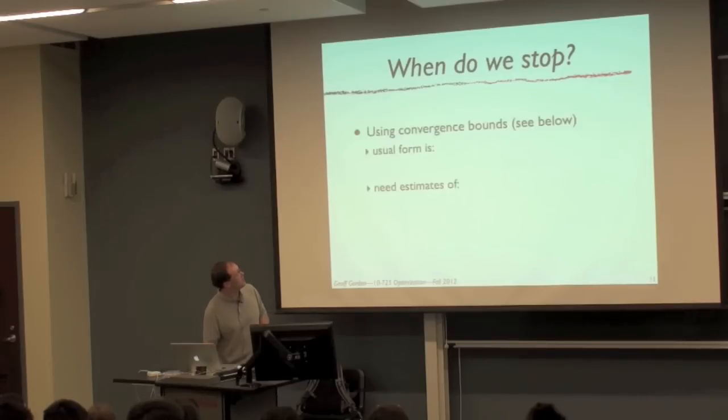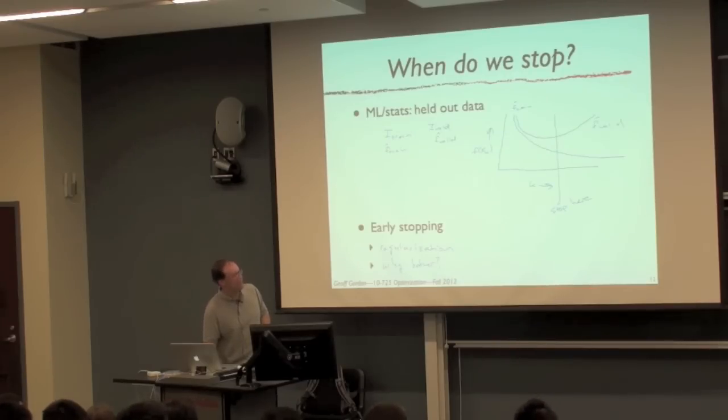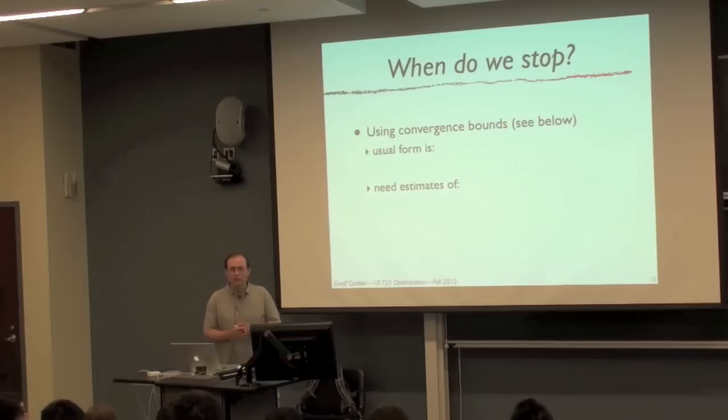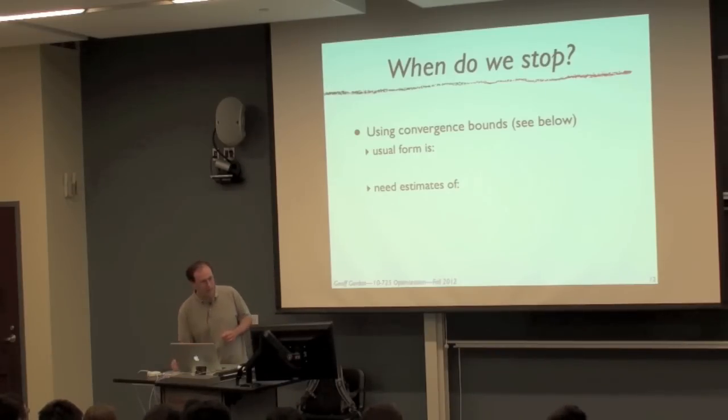All right, so what's next? The next, in general, so even if you're not solving a machine learning or stats problem, you can do stopping based on convergence bounds, right? And these convergence bounds usually look something like this.